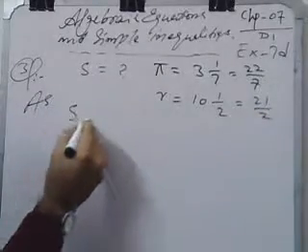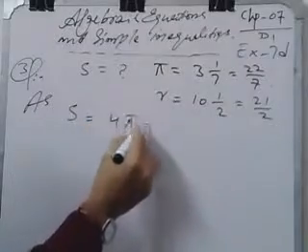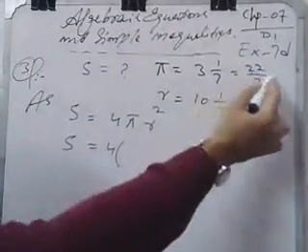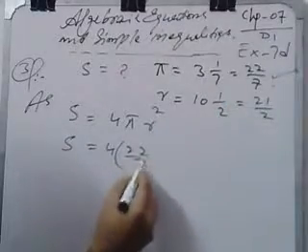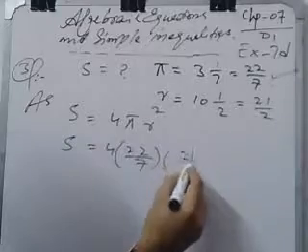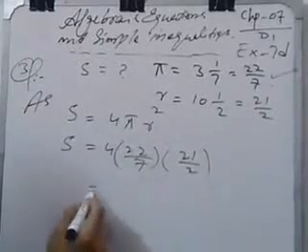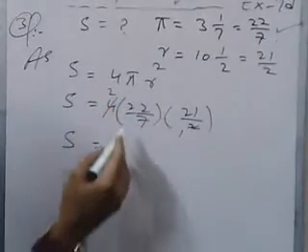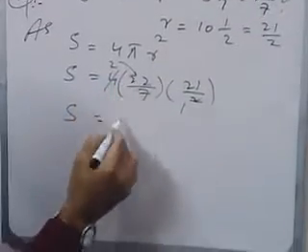As the formula is given to you, S is equal to 4 pi R square. Putting the values here, the value of pi is 22 by 7 and the value of R is 21 by 2. So simplify it, 2 1s are 2, 2 2s are 4.